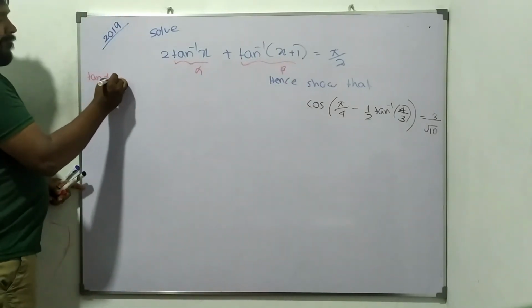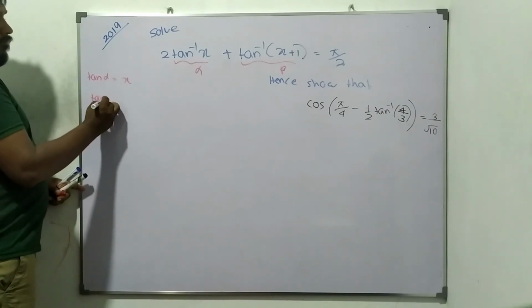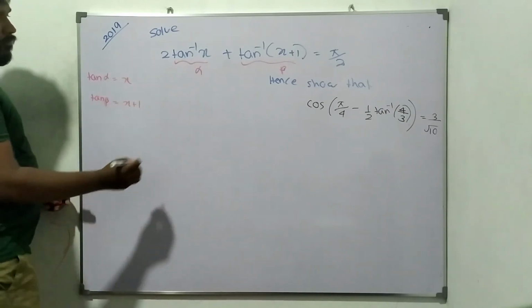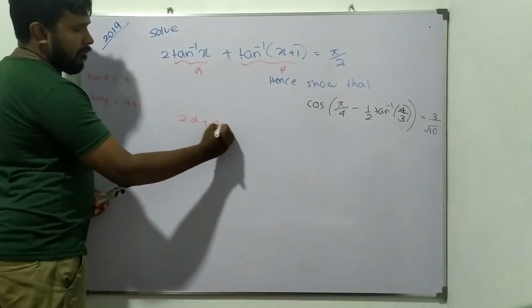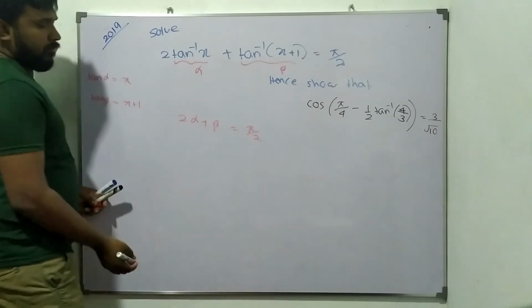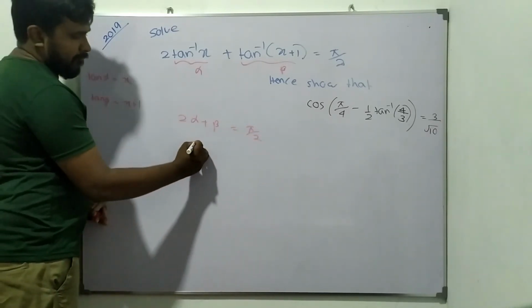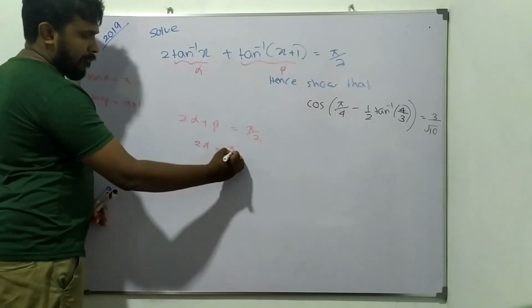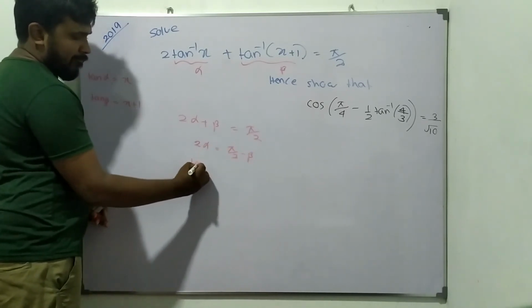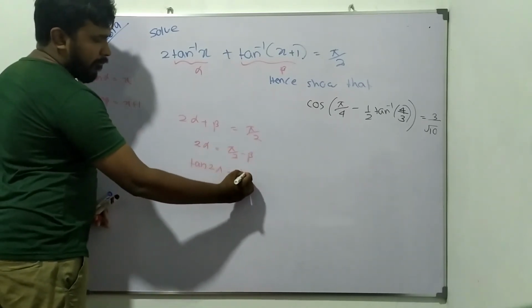It's 2 alpha plus beta equal 90, no? So then 2 alpha equal 90 minus beta. Tan 2 alpha equal cot beta.